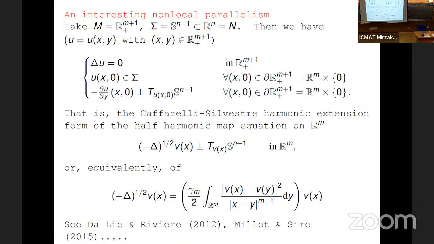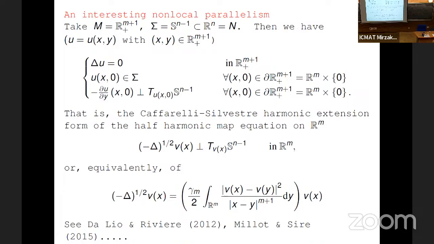So your target manifold is the whole Euclidean space, and you prescribe, say, that on the boundary you take values in the sphere. Well, you realize that the harmonic map with free boundary equation actually is the Caffarelli-Silvestre harmonic extension of the half-harmonic map with values in the sphere.